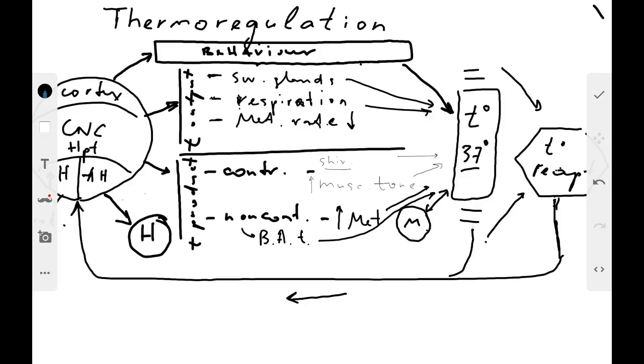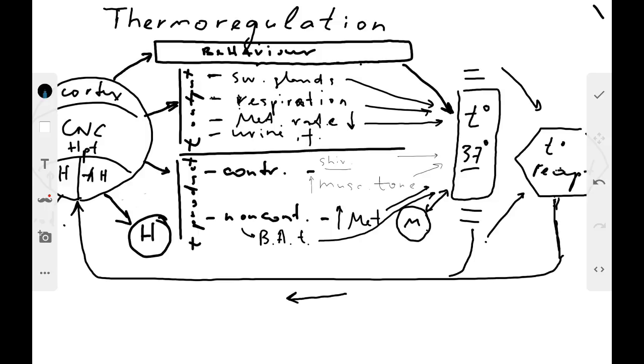When the temperature increases, to release heat, the metabolic rate decreases. And another type of thermal output is release of heat with urine and feces.